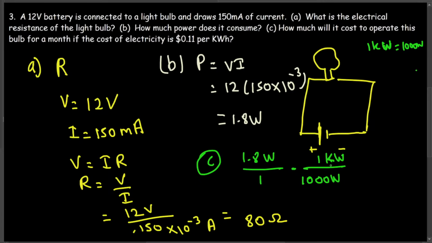Now the next thing is we have to know the time, because it's kilowatt hour. They are saying how much will it cost to operate this bulb for a month. So we have to know how many hours are in a month. A month is on average 30 days, right?